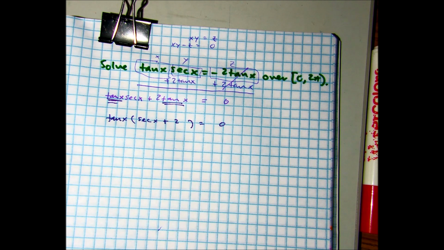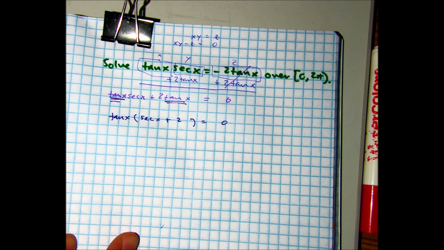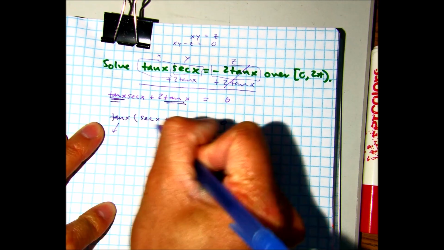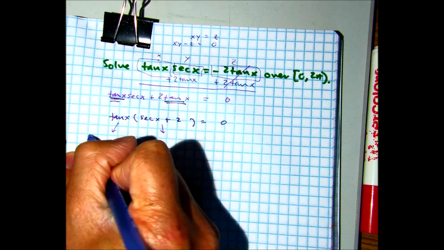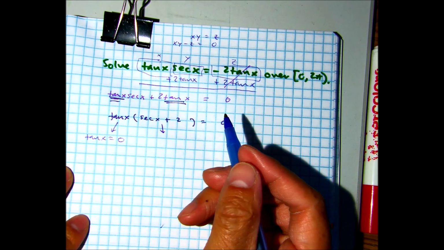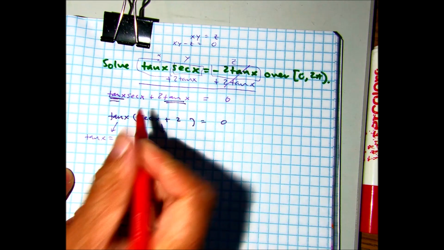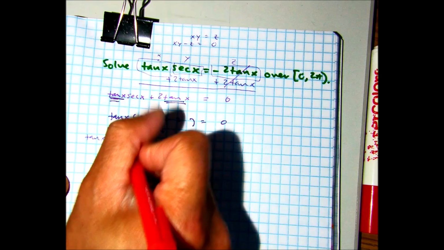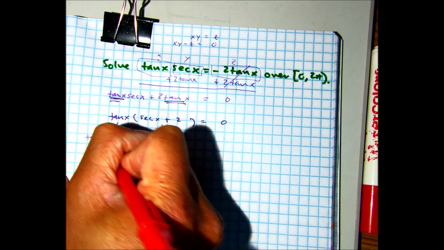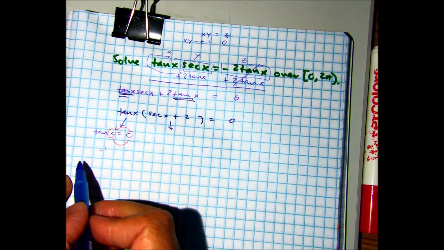Natalie, what do we do next? You're going to set it equal to 0. I heard some students saying, well, can I divide both sides by tangent? That answer would be incorrect. To solve for x, you would have to take the inverse. Tell me what's right, Natalie.